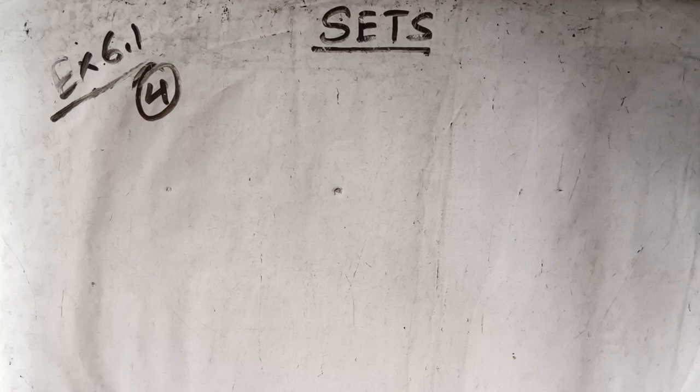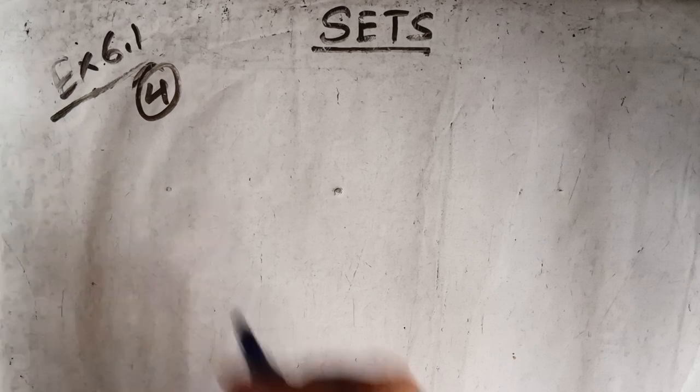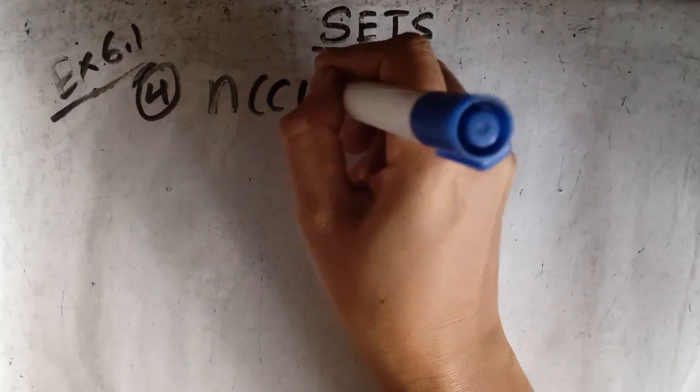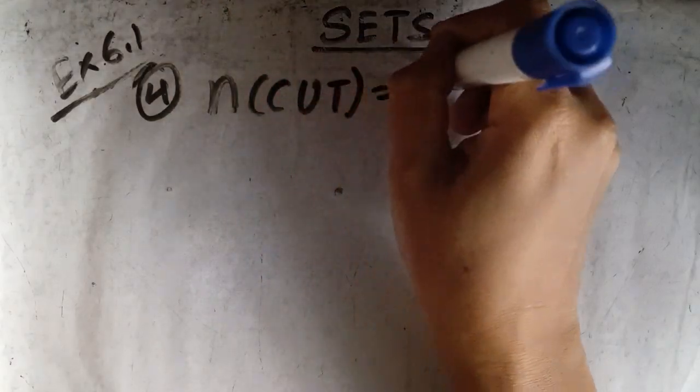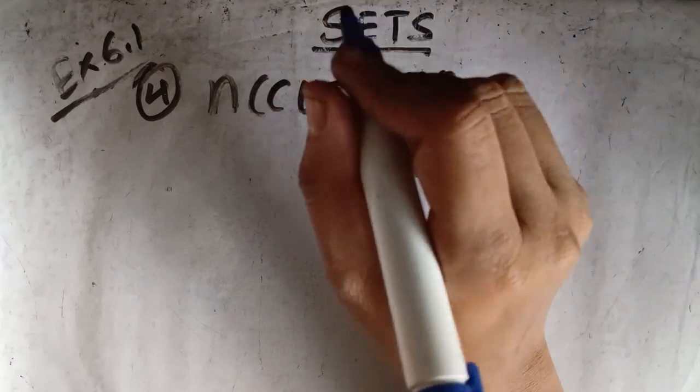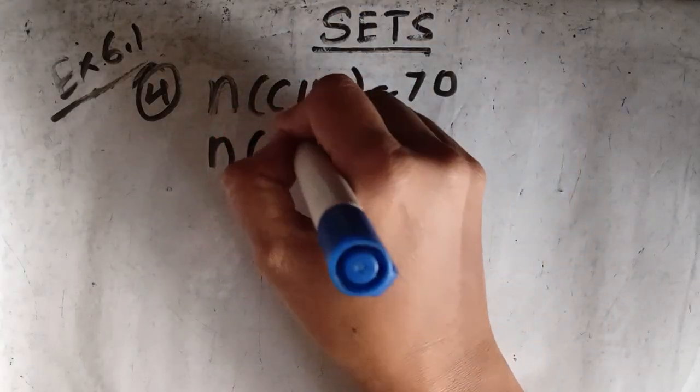This is a group of 70 people, and there are two things, coffee C and tea T. The whole group is the union.